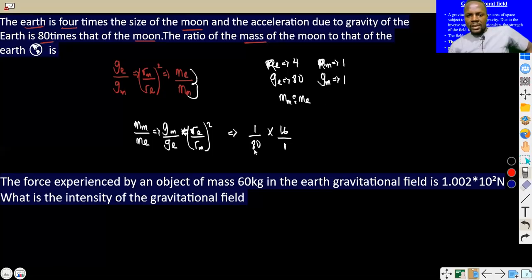G of the Earth is 80. G is inversely proportional to 1 over r squared, and that is why I'm changing the arrangement here. I hope you understand. So r of the Earth as 4 over r of the moon, which is 1, is equal to 4 squared, which is 16 over 1.